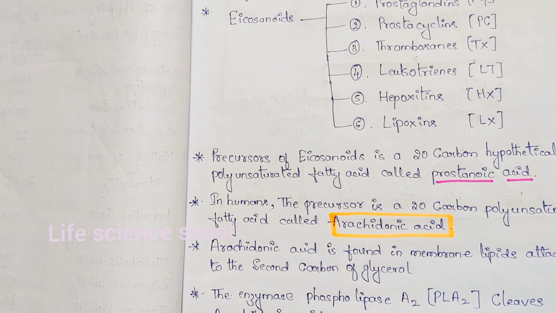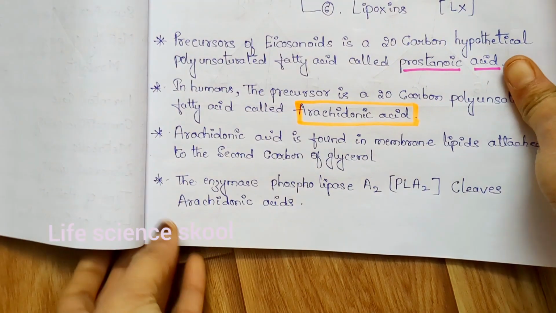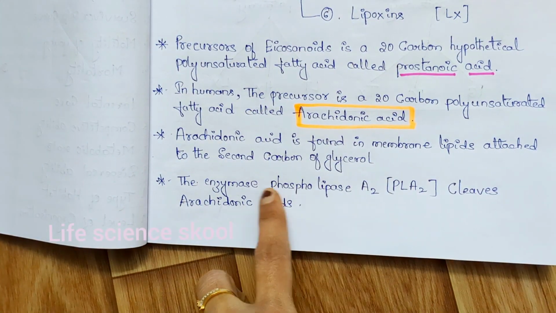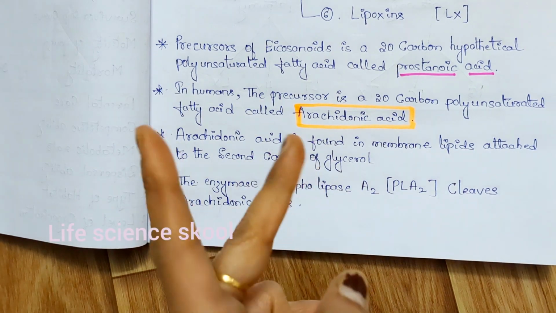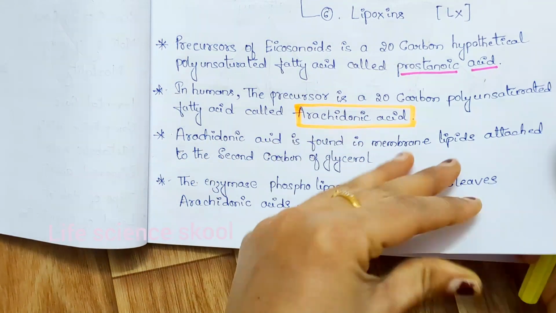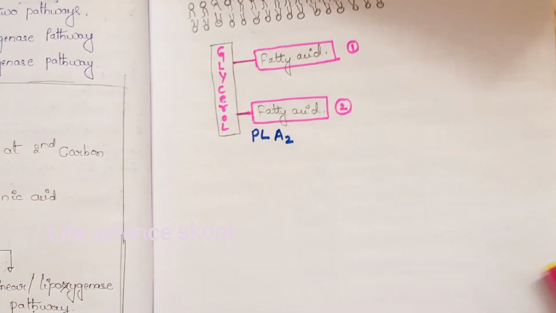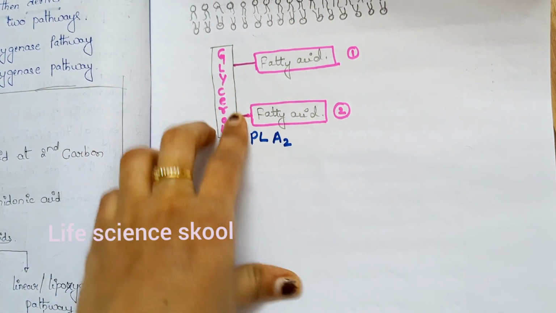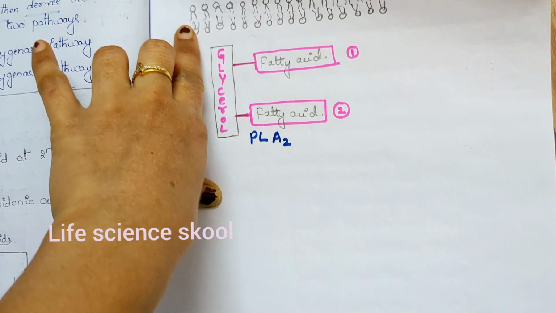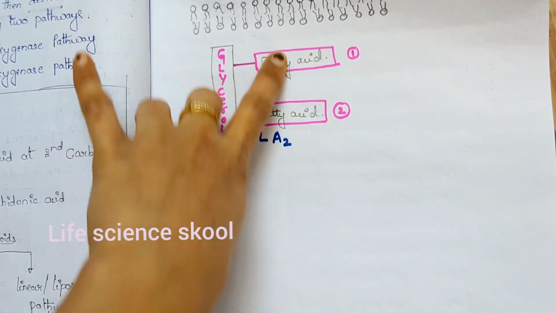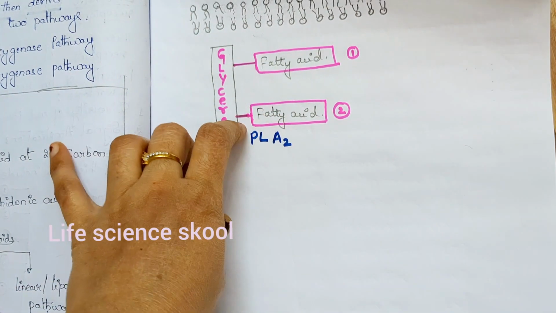Moving on to the next point, the enzyme is called phospholipase A2. This phospholipase A2 cleaves the arachidonic acid. If you take the structure of the glycerol, the glycerol has two fatty acid chains.